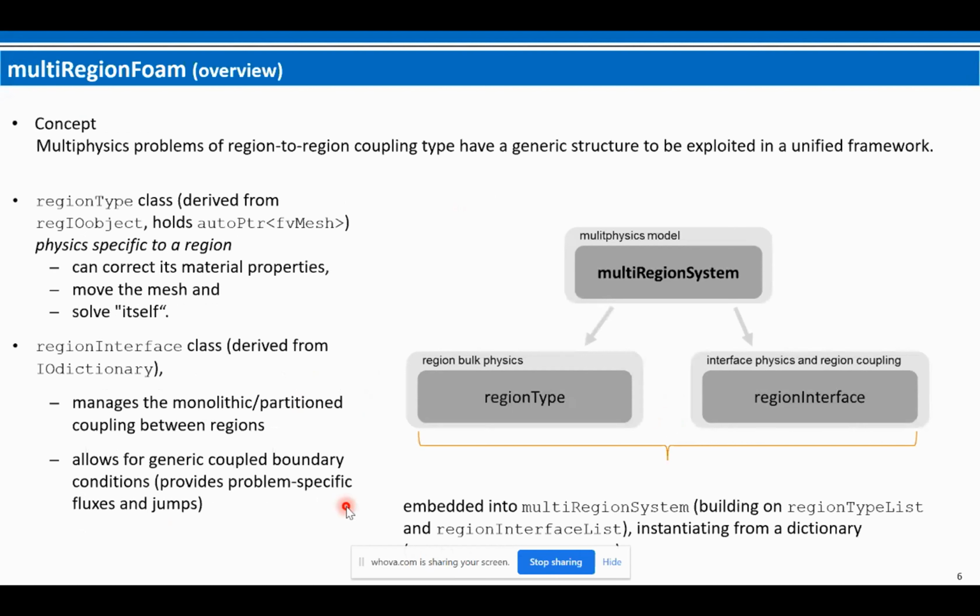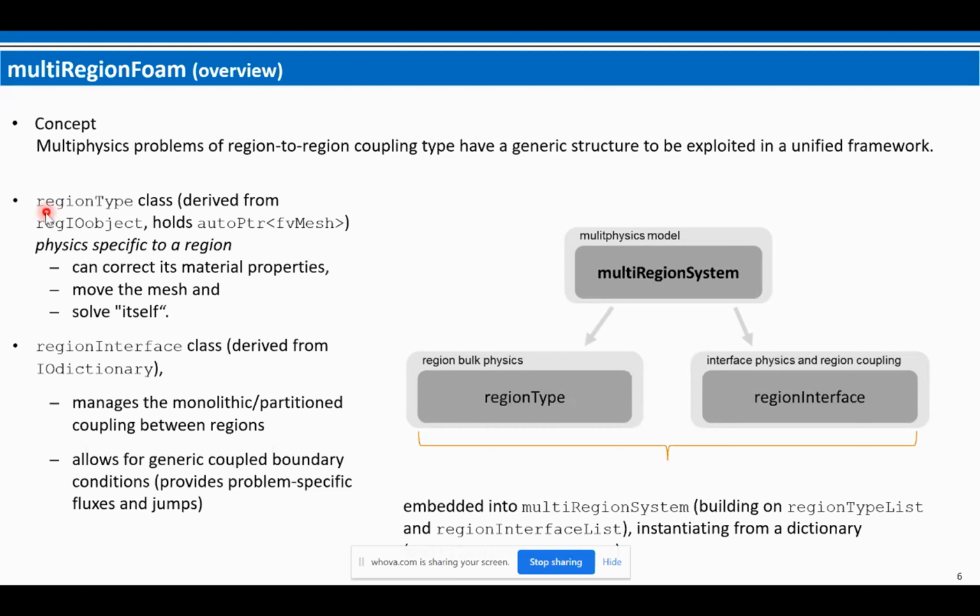Here we get into the details. The concept behind this framework, as I already mentioned earlier, is that there are all these different types of multi-region problems which have a generic structure that we would like to exploit. They have something in common, a common ground that we break down into two fundamental classes.